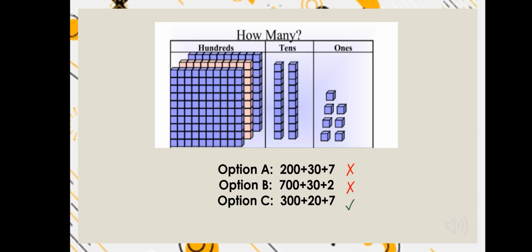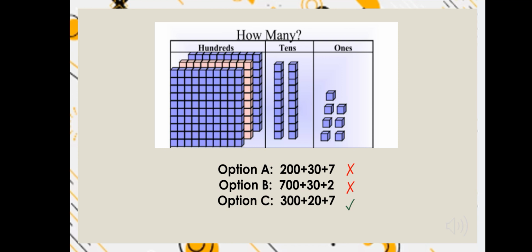So in option A, for units, it says 7. For the place value of tens, it says 30. But for the place value of hundreds, it says 200. But our units or ones is 7, our tens is 20, and our hundreds is 300. So option A is going to be wrong because in the place of hundreds, it's written 200 instead of 300, and in the place of tens, it's mentioned 30 instead of 20.